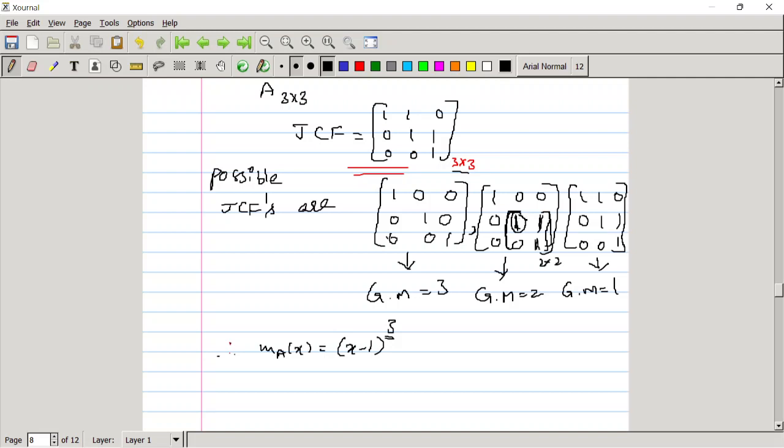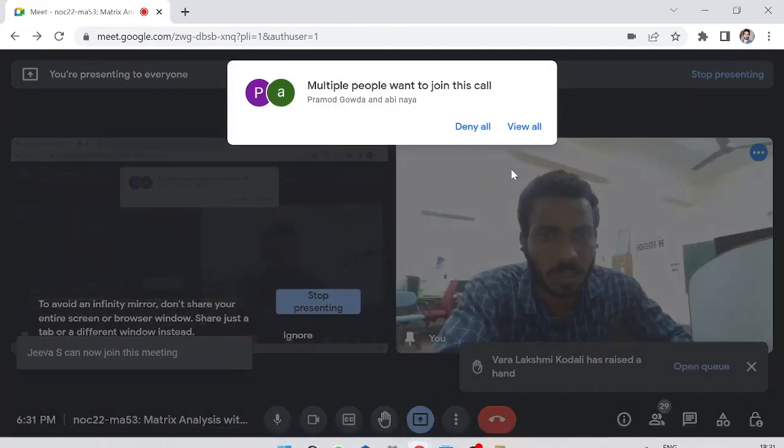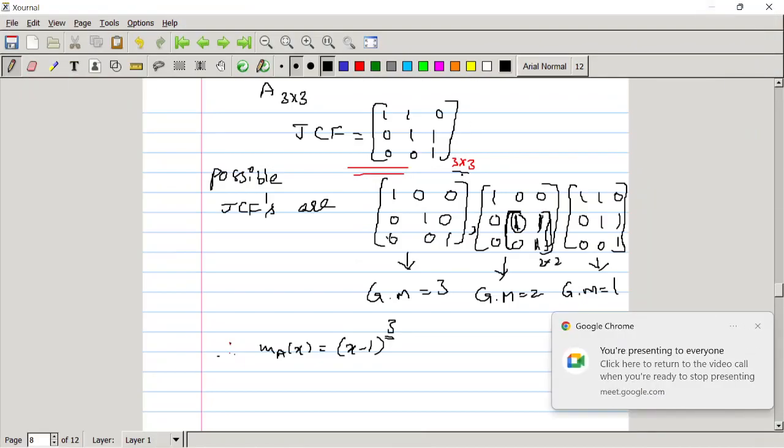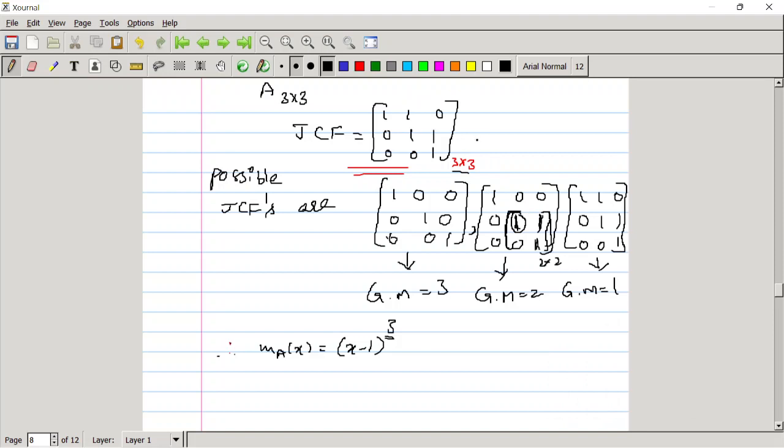If the element beside the eigenvalue is 1, we have to consider that in the Jordan canonical form. This is just a direct question. If you follow the classes, we can understand how it is.